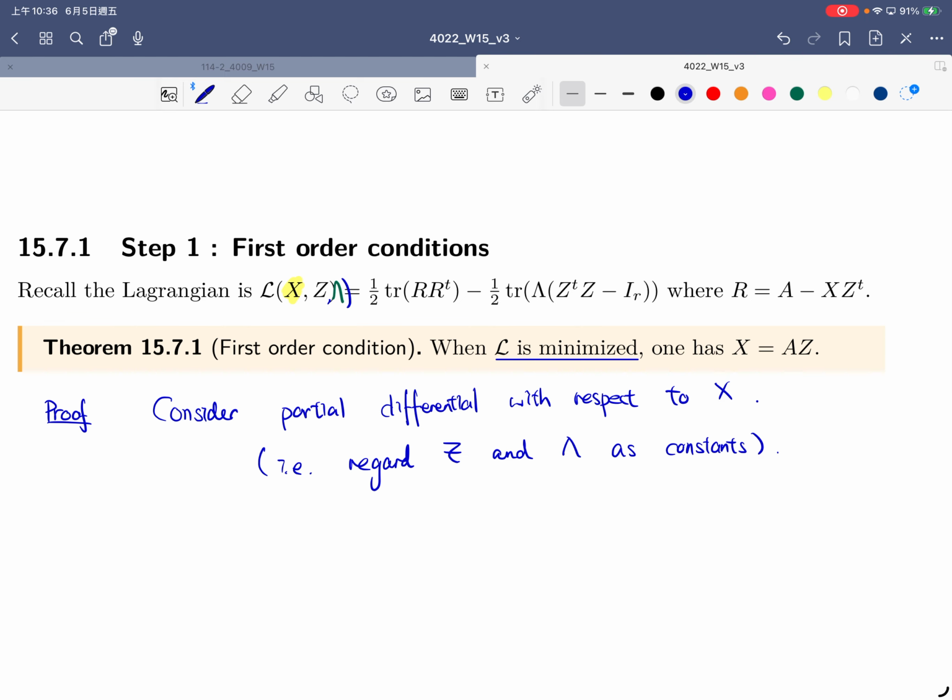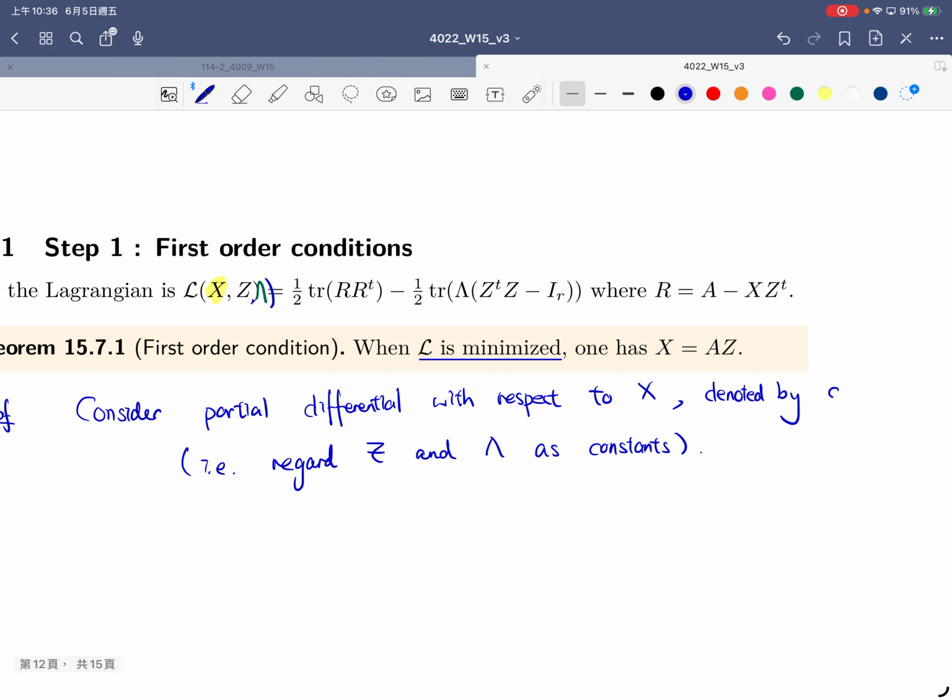The partial differential with respect to x, I'm going to denote by d sub x. But later on, when I get lazy, I may just write d, because I'm going to work with one of the variables only.